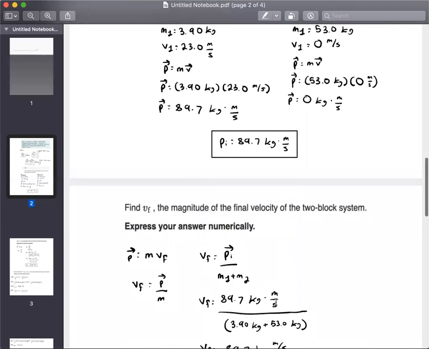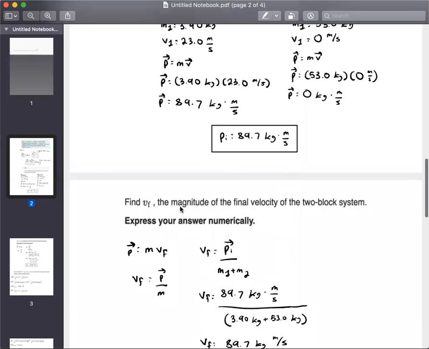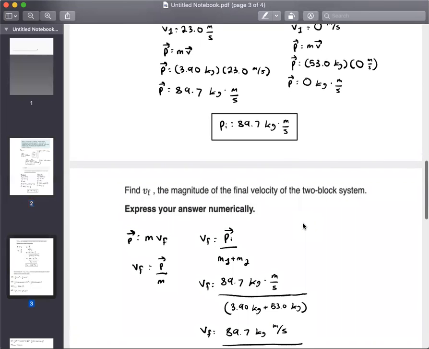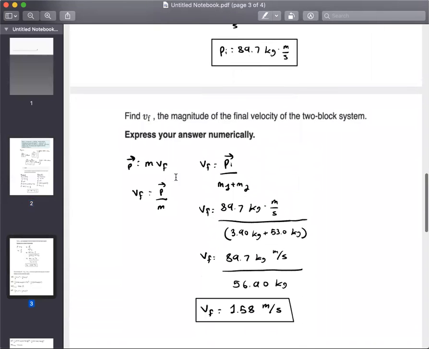Part B is asking to find the magnitude of the final velocity of the two block system. To find the velocity, we can also use the equation for momentum. In this case, the velocity represents the final velocity. We can rearrange this equation, and we also have to remember that since the final velocity involves the masses of both blocks, since it's considered one system, it's going to be divided by mass 1 plus mass 2.